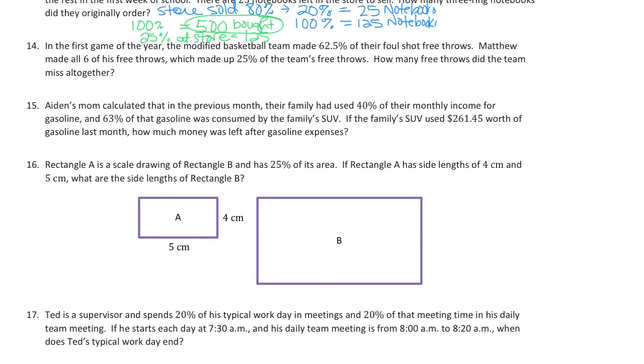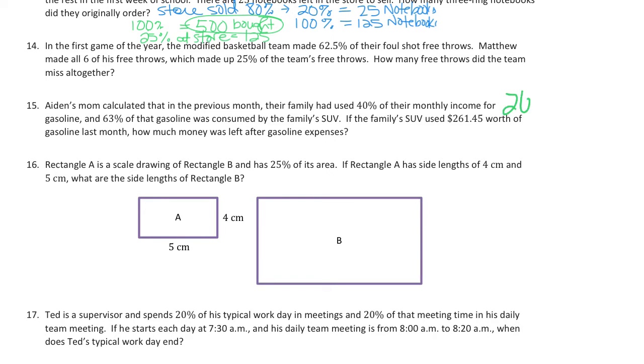So on that, 63% doesn't convert easily to 100. So I'm not going to use a mental math strategy. So on this, I'm using my formula, quantity equals the percent times the whole.